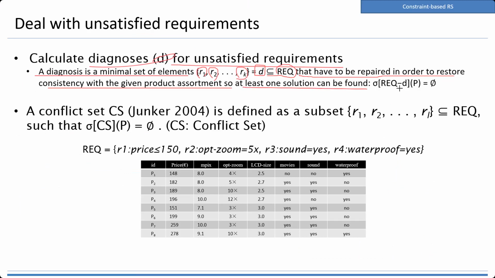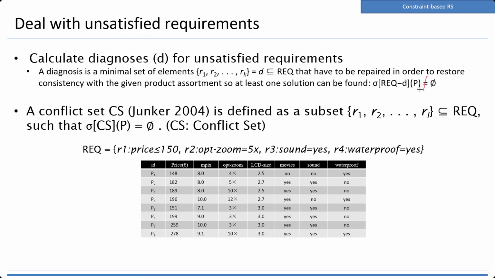So what does it mean? The idea is this: if we have the requirement minus the diagnosis D, applied on the product P, the result should not be empty.